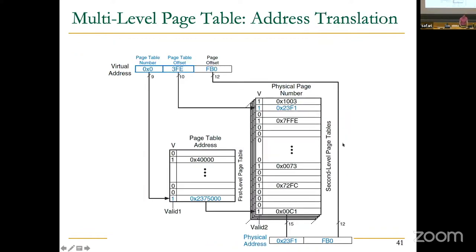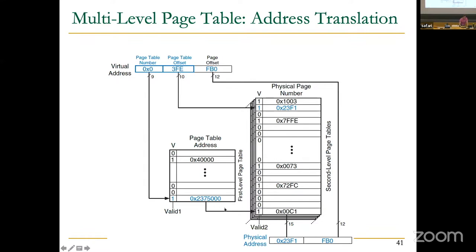Okay, so this is an example, as you can see. This is the address that we have. This is the page table number, and this is 0. Essentially, we want to find the page table address for page table number 0 over here, the top 9 bits, and that's the page table base register, which happens to be in physical memory in this particular case, right?